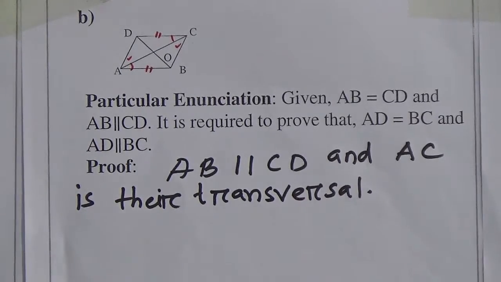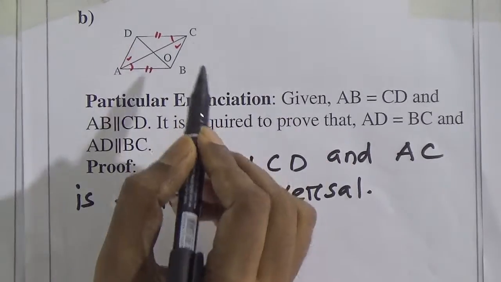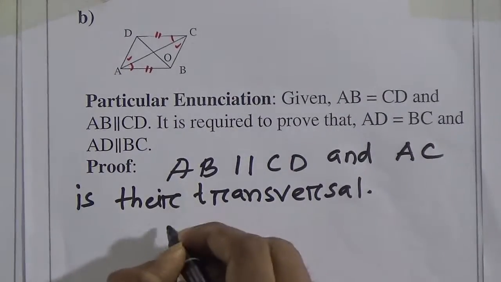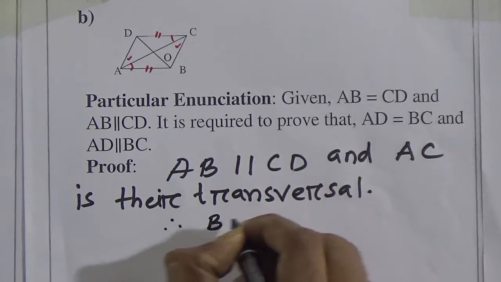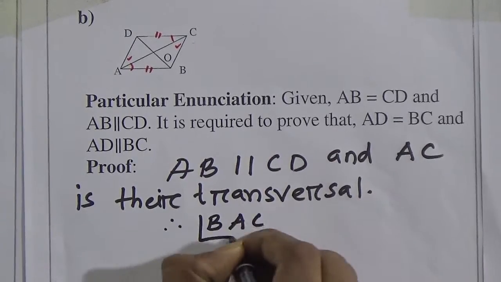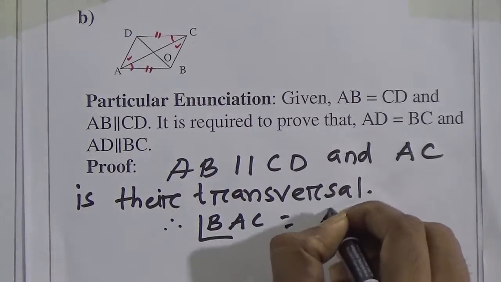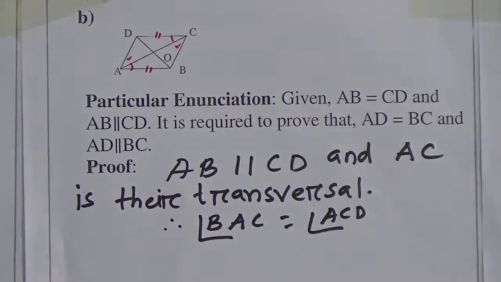Listen, AB and CD are parallel and AC is their transversal. So we can say their alternate angles are equal. That means BAC equal to ACD.